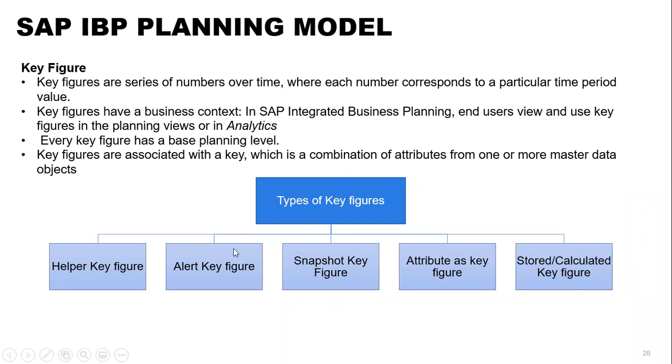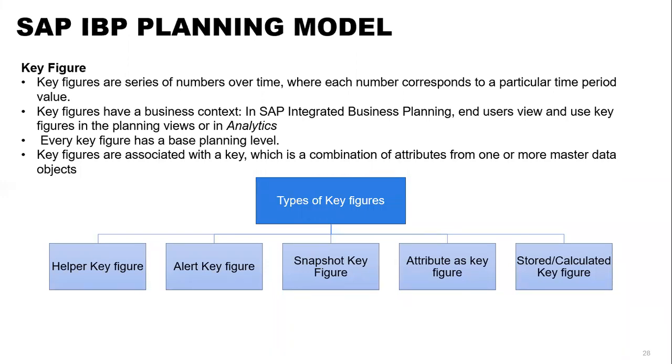Then the alert key figure is used if you want to generate alerts based upon certain conditions. For example, my forecast should not be less than 100, it should always be greater than 100. Or my capacity utilization should not exceed 100.